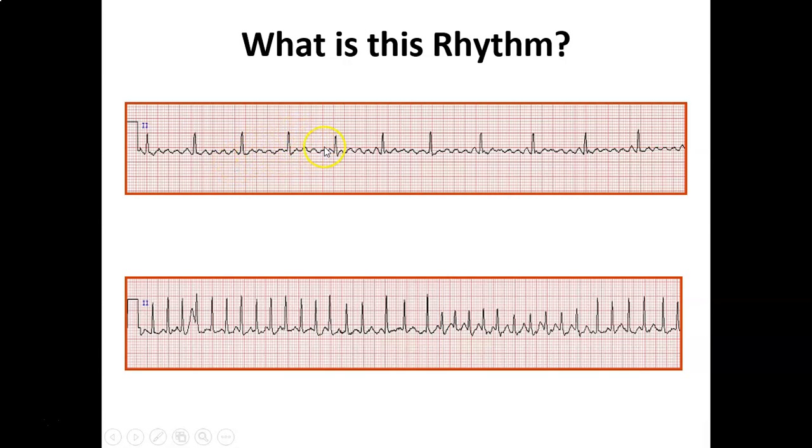These are the notches, just narrow complexes, and no PR interval. So this is your sawtooth pattern. So this is obviously atrial flutter. But look at the bottom, it's tachycardia, no P waves, it's irregular, narrow complexes. So this is your atrial fibrillation.